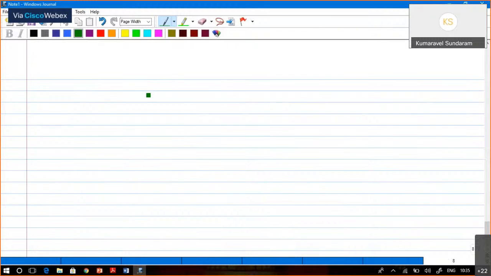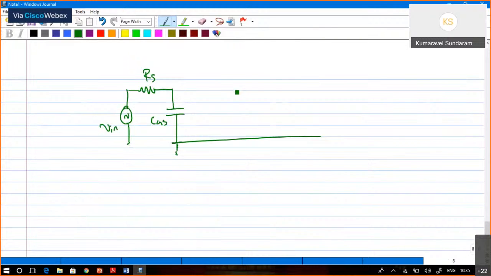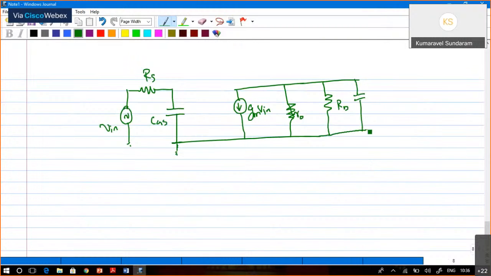So RS, this is CGS, Vin, or GM Vin, R naught, RD, then CDB, because source and bulk are maintained at the same potential.